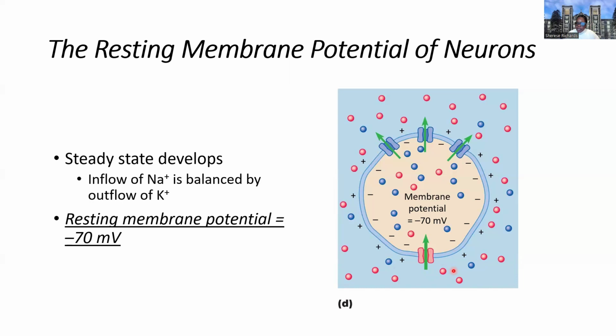It's just a continuous movement with pumping the ions in one direction and leaking the ions in the opposite direction. And when we put a voltmeter into the cell, when it has achieved this steady state, the reading that we get is -70. And that is how we come to establish our resting membrane potential at -70 millivolts.